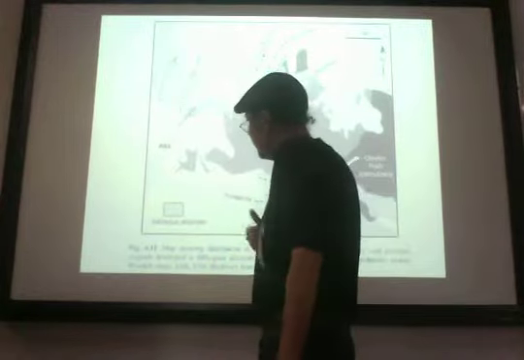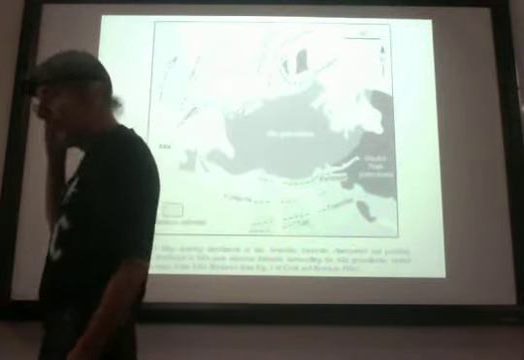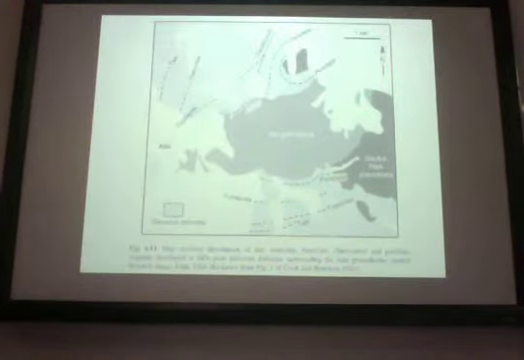There we have the emplacement of this intrusion, which takes place at a certain temperature. Then you are heating up your surrounding marbles, and therefore different mineral reactions take place.